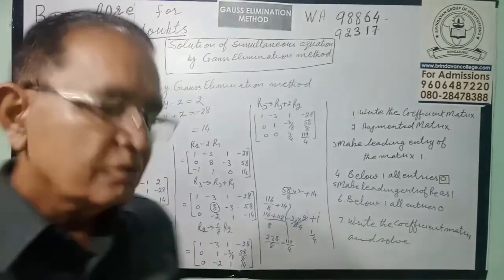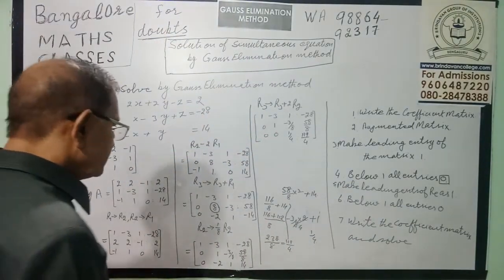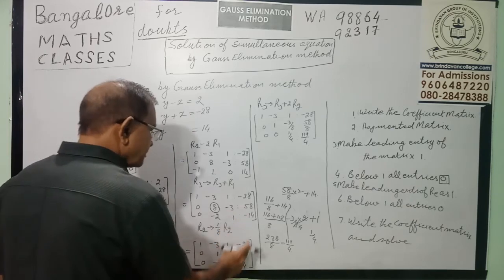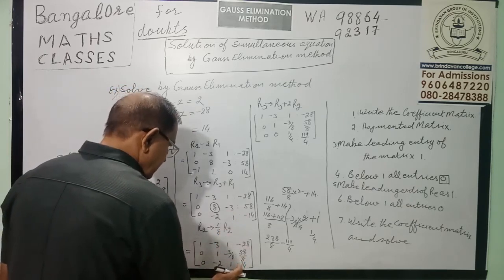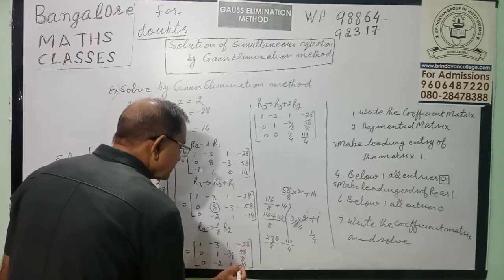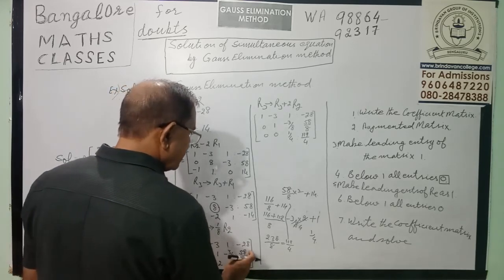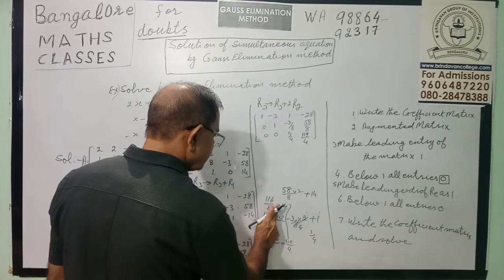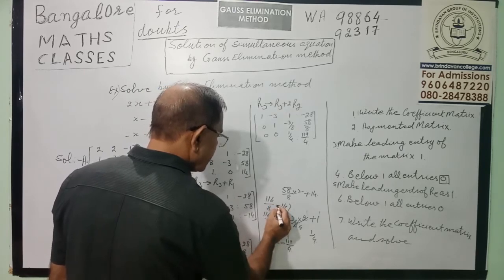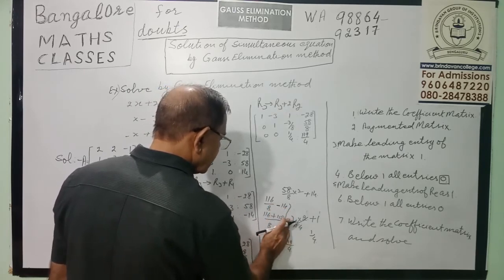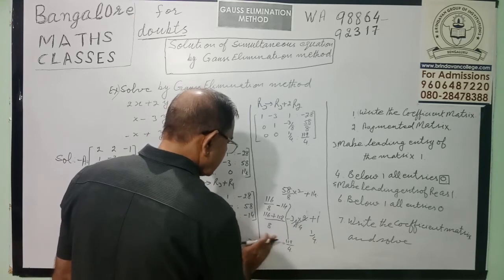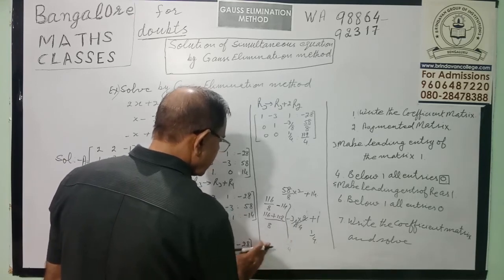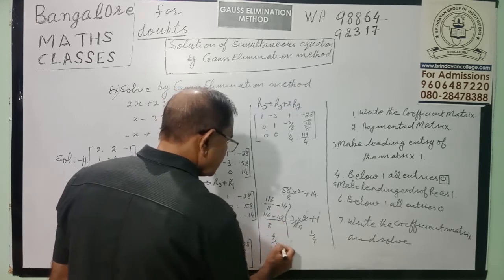So like that we can solve it. See here it's minus 14. Here it should be minus 14. Then it's double and add. This 14 is negative. 112 is negative. Thus we will get it as 4 by 8, that is 1 by 2.